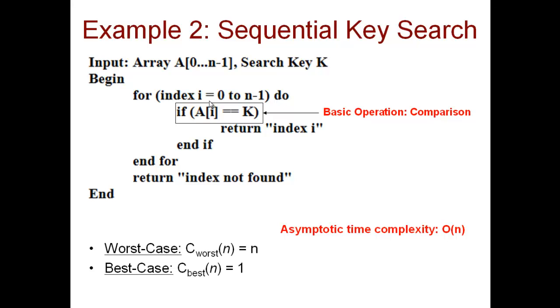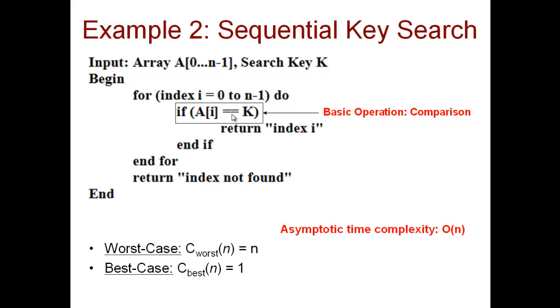Otherwise we keep going through the entire array and then say the index is not found if there is no matching key. Now in this case, the basic operation is this comparison, and there's a best case different from worst case. The best case is just one comparison if the search key is at index 0, whereas the worst case is to go through the entire loop.